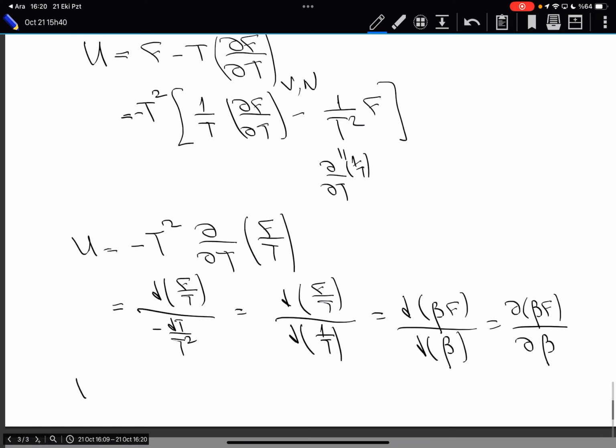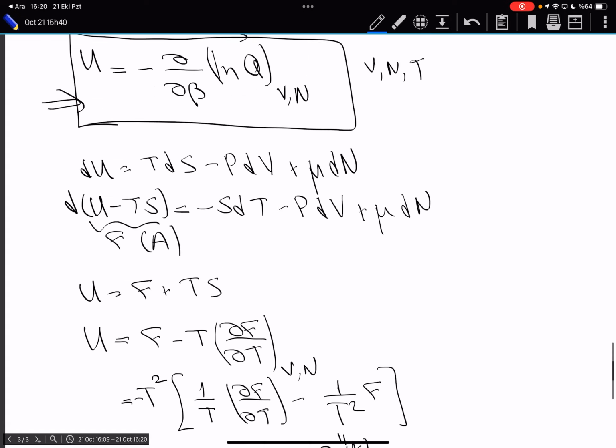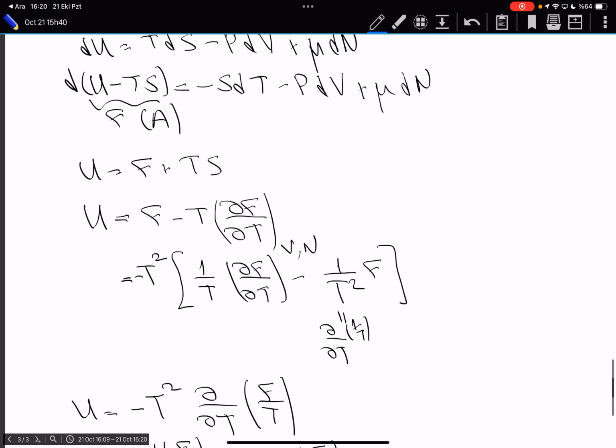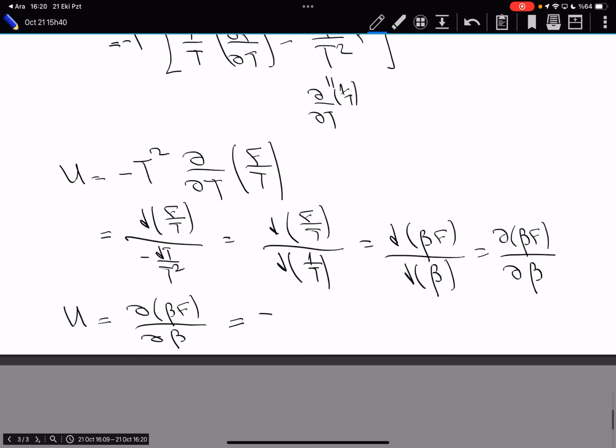So U is derivative of beta F with respect to beta, and at the same time is minus the derivative of logarithm of Q with respect to beta. Again, both derivatives are at constant V and N.